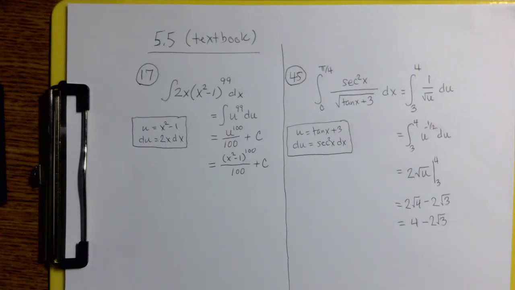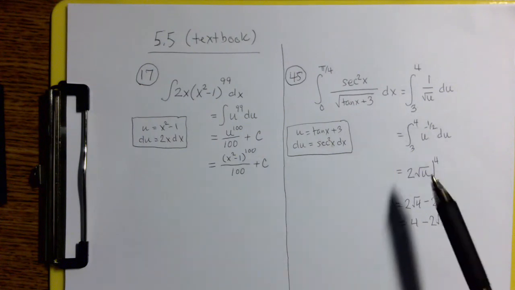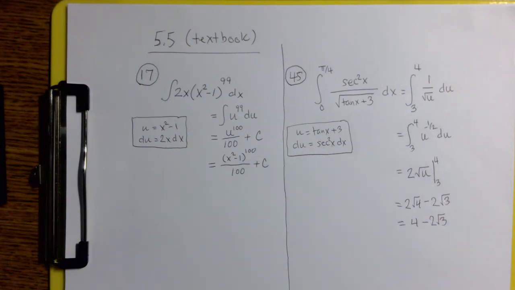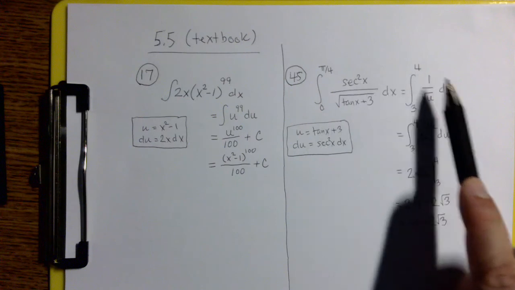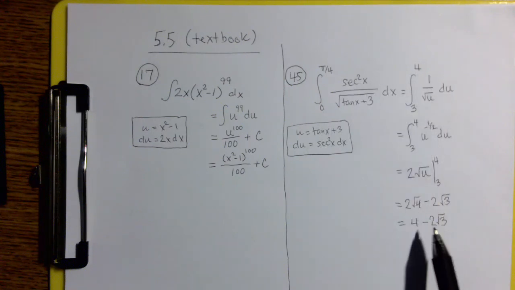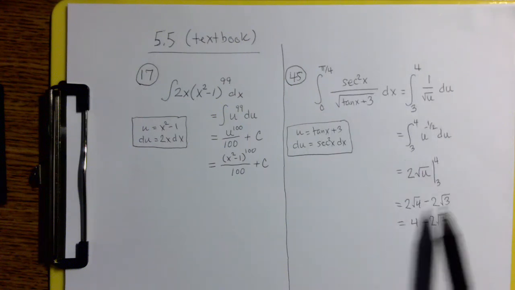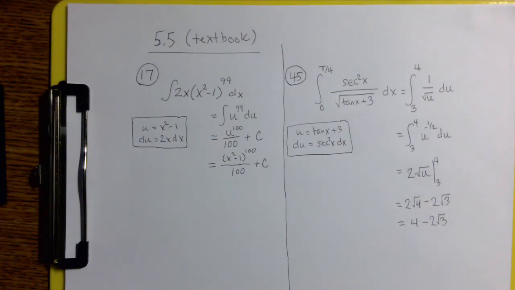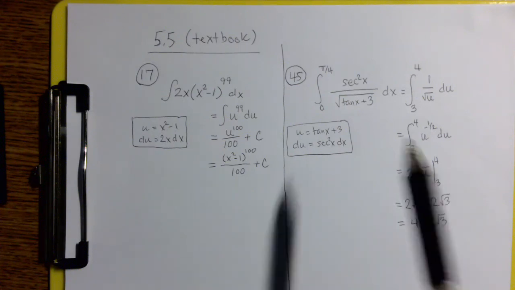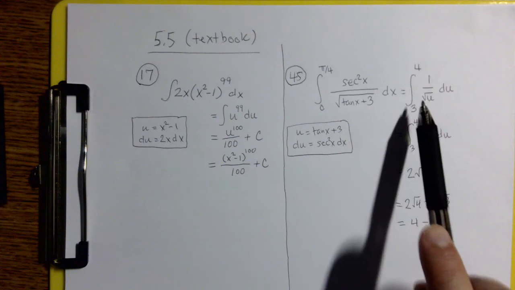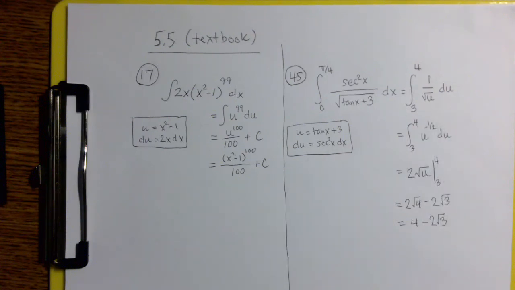And that's a difference between working with an indefinite integral and working with a definite integral when you're doing substitution. We can keep in terms of u till the end of the process until we apply the fundamental theorem of calculus, as long as we change those limits.